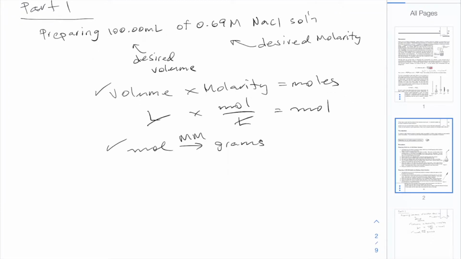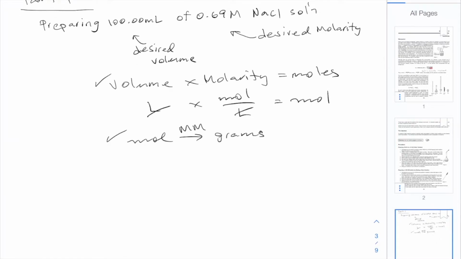Okay? So I'm going to list all the steps here that we need to take in order to form a solution. And then on the video clip, I'm going to show you all the steps. So the first thing you have to do is calculate the amount of salt in grams.